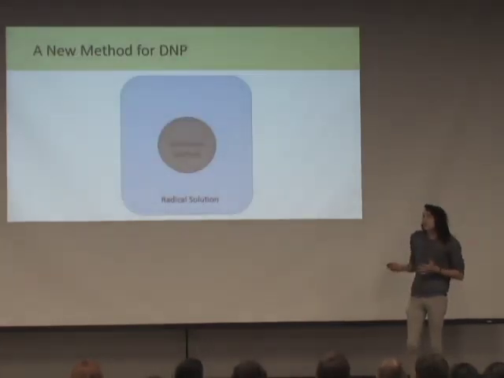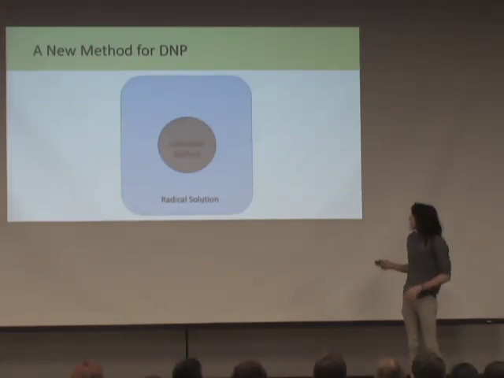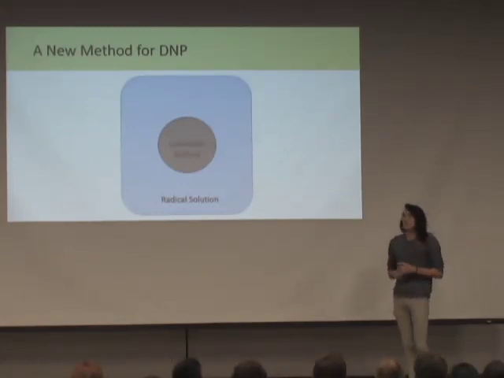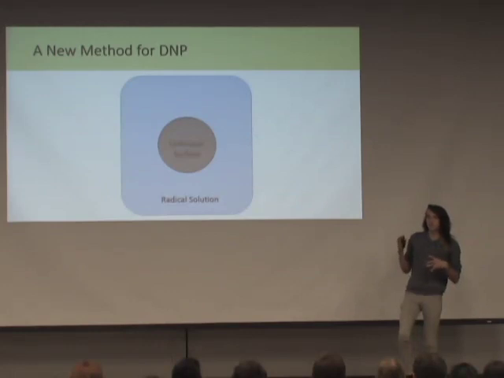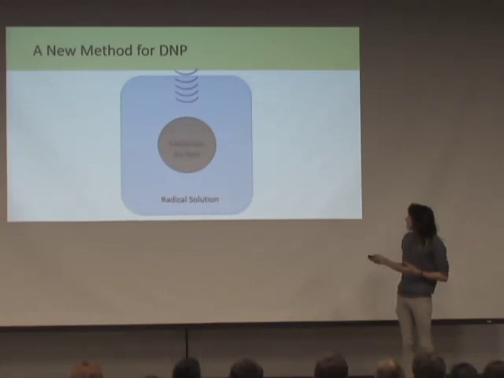Our new method for doing this is we have some kind of unknown surface, most likely a polymer or something that just contains carbon and protons, and we submerge it in a radical solution. This means it's some kind of proton-containing molecule that also has a free electron on it. If we irradiate our sample with microwaves, this polarizes our electron spin, and the electron spins interact with the proton spins and polarize them as well.